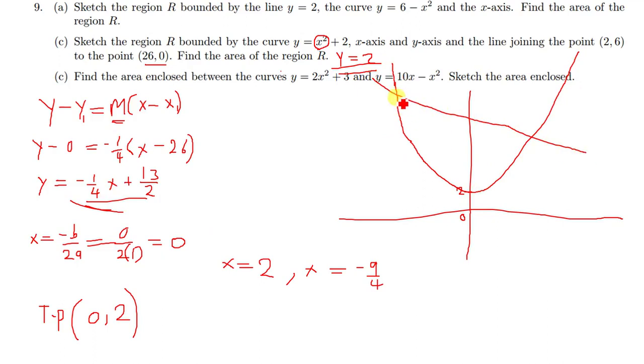And then at these 2 points where the line and the curve are meeting, that's where we have our -9 over 4, and this point here, which is +2. So now the region that we're trying to look for is this one here.